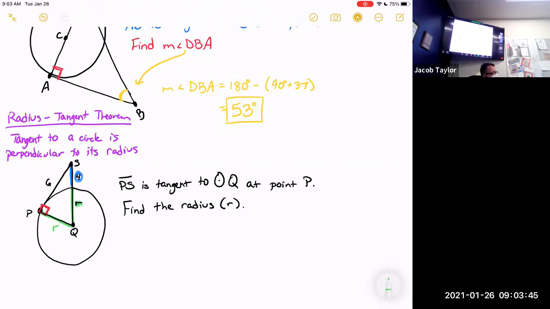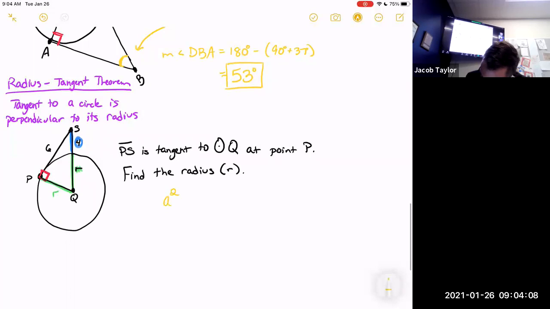So I kind of know all 3 sides. There's a variable in there, but I have measurements for all 3 sides of a right triangle, which means I can use the Pythagorean theorem. That's exactly right, Peyton.